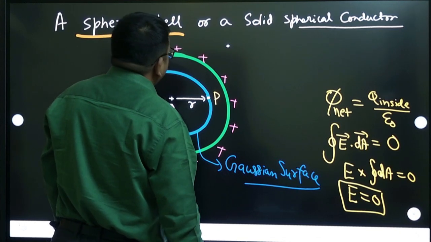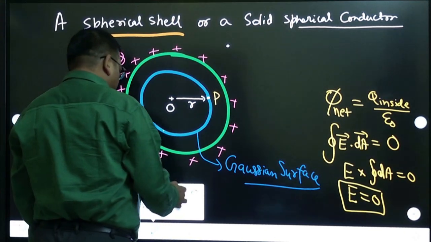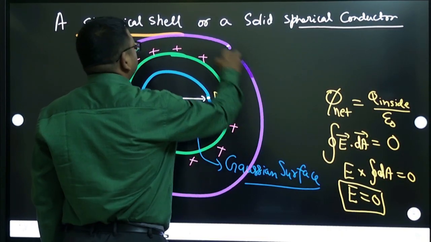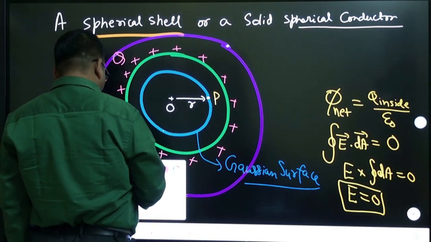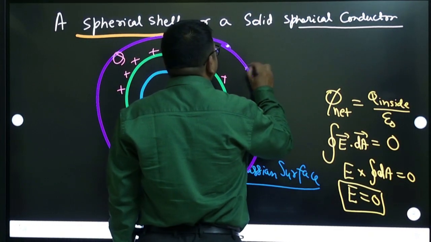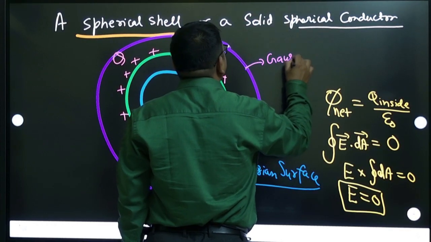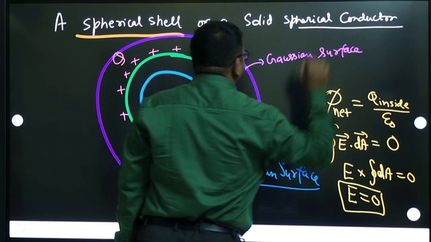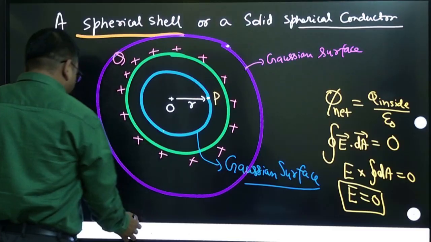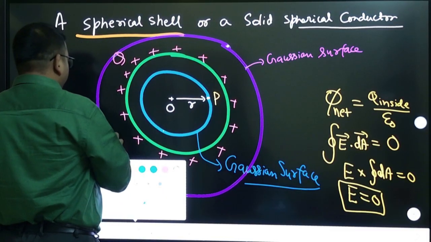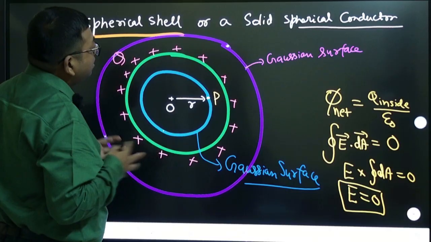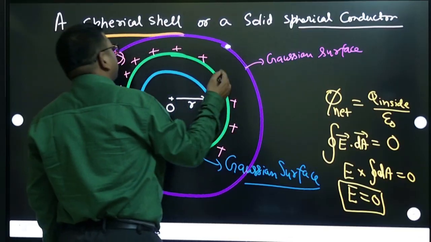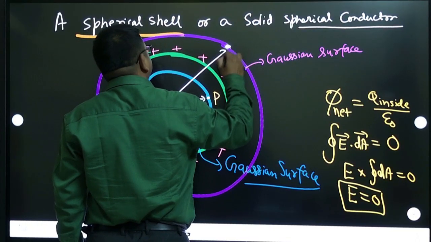Then what else? For points outside, again we have to construct a Gaussian surface like this. This is a Gaussian surface. Now in this Gaussian surface, we want to find the field at this point, any point on this surface, and this distance is r.